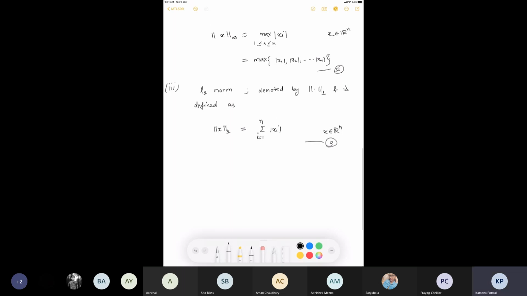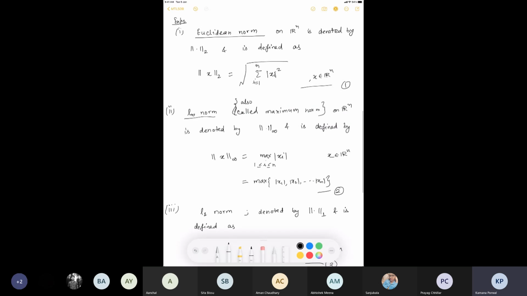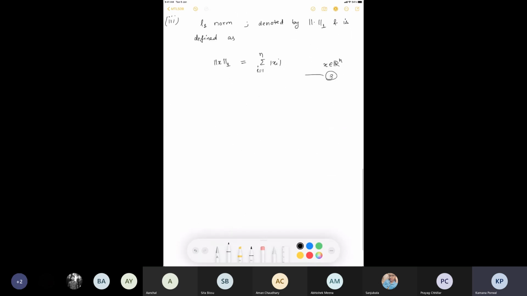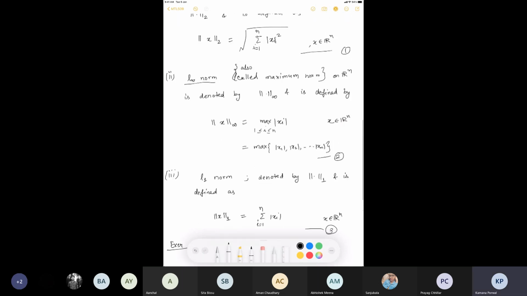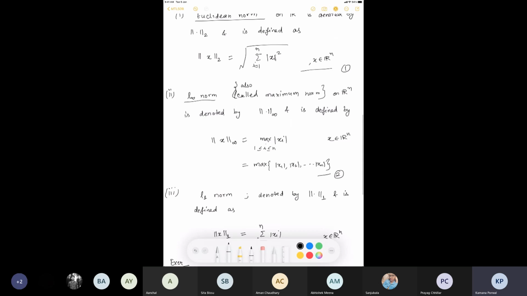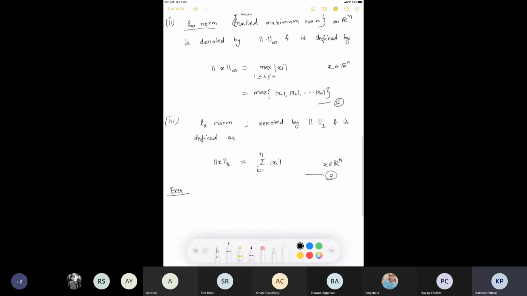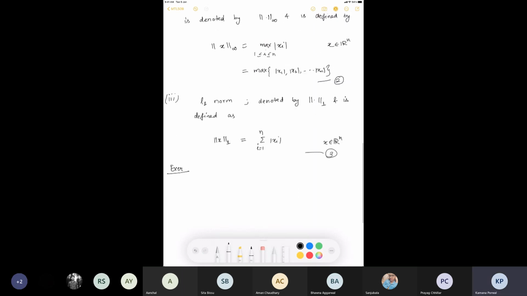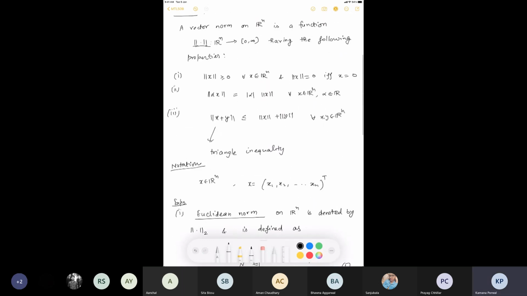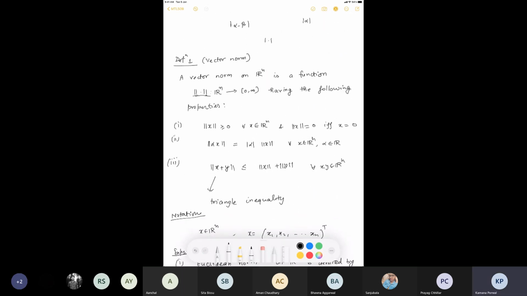Okay, so note that I have just given the definitions. This is an exercise for you: verify that these three norms which we have defined here, that is the Euclidean norm, L infinity norm and L1 norm, all three of them satisfy the properties of definition 1. That is, they actually define norms. You have to verify that.